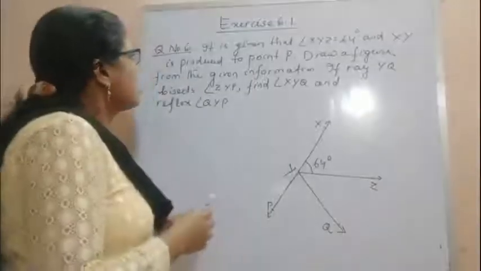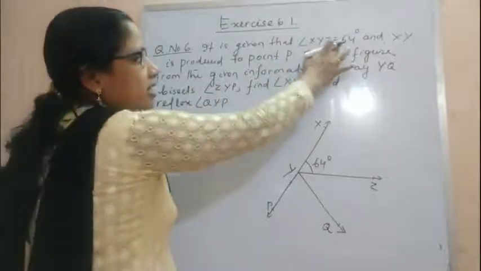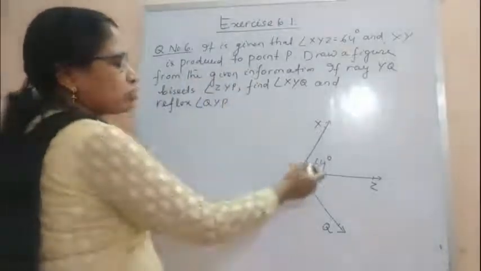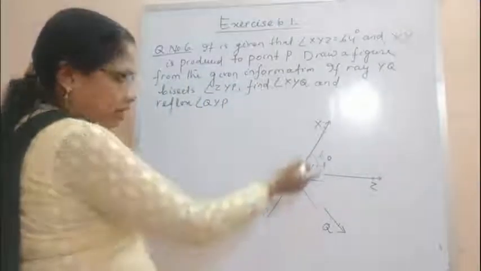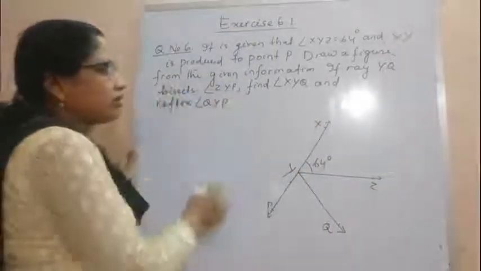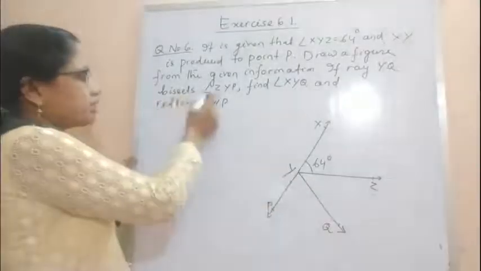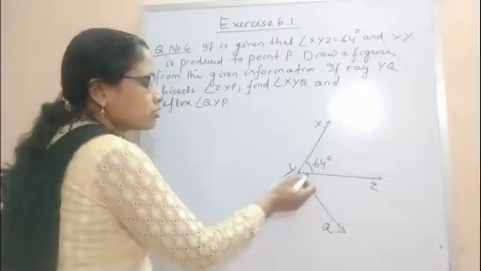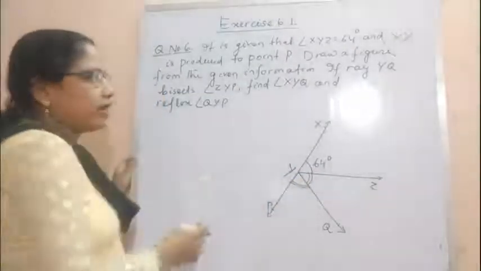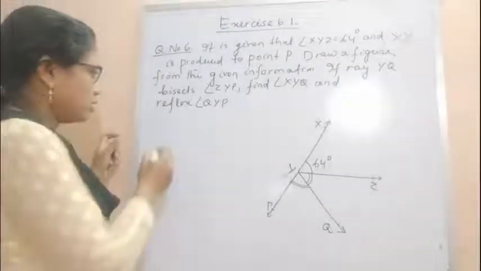So let us discuss question number 6. It is given that angle XYZ is 64 and XY is produced to point P. Draw a figure from the given information. If ray YQ bisects angle ZYP, so that means these two angles are equal, then find XYQ and reflex angle QYP.